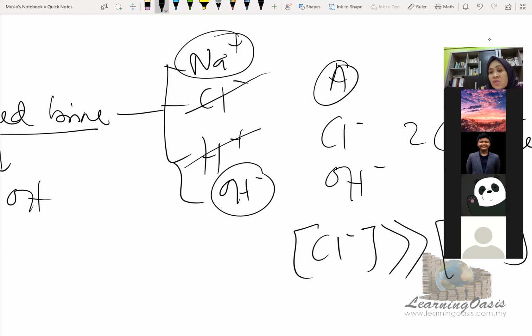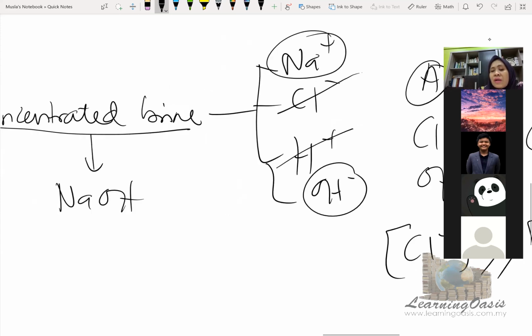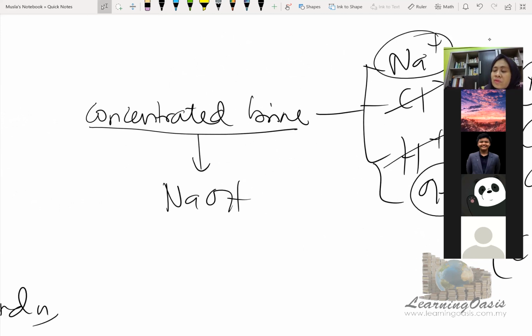This is a 4 marks question. Balkis, explain again. How do they manufacture sodium hydroxide from brine? Okay, at the anode there will be chloride ion and hydroxide ion, and the least reactive will be discharged.